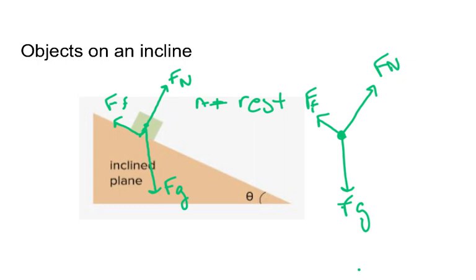But then we have to do components. So I'm going to draw my y-axis right along my normal force. I'm going to draw my x-axis along my frictional force here. My y component of my gravitational force, I'm doing components for the gravitational force because that's the one that's not on the x or y axis.